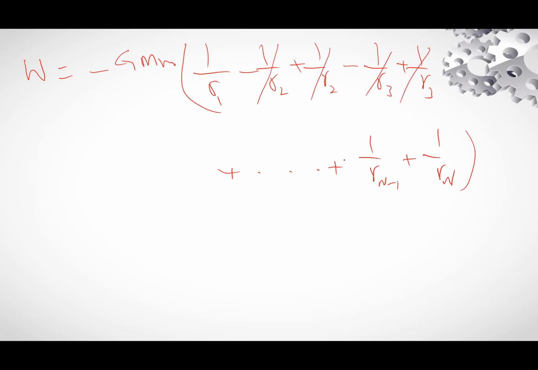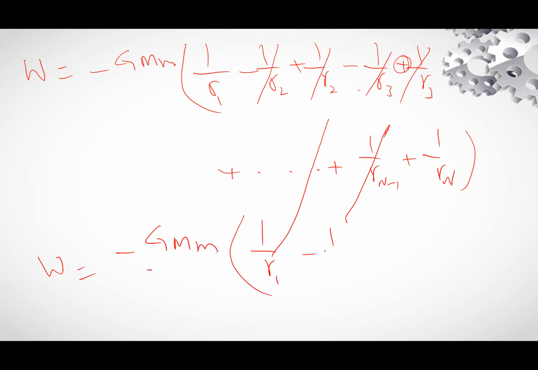This is cancelled with this one, and this is cancelled with this one. This term is repeated before when it is written with plus, so it will also be cancelled. So work is equal to minus GM m (1/R1 minus 1/Rn).